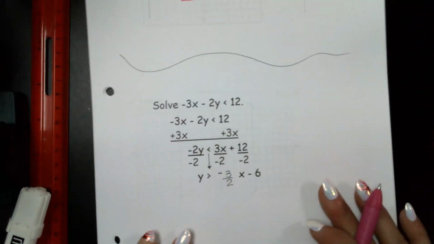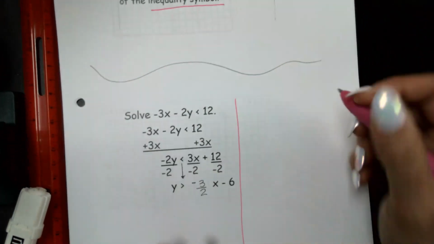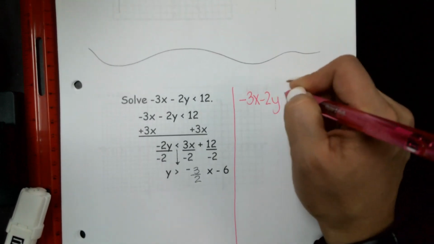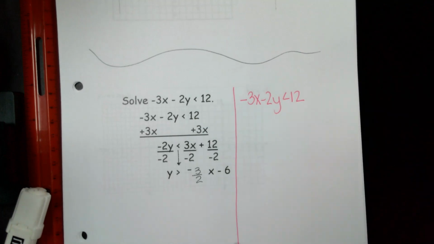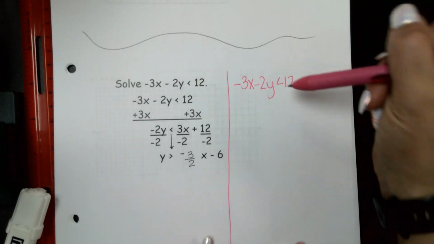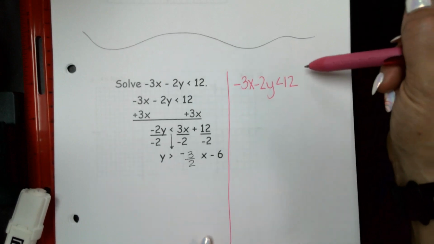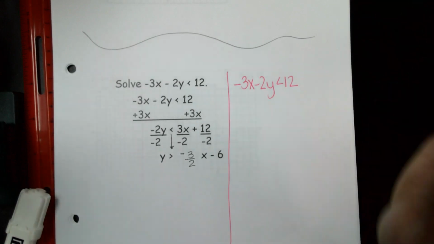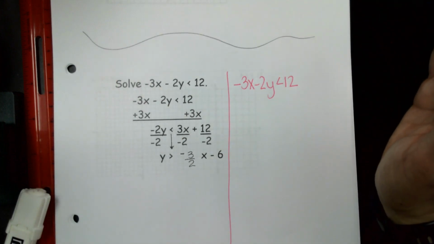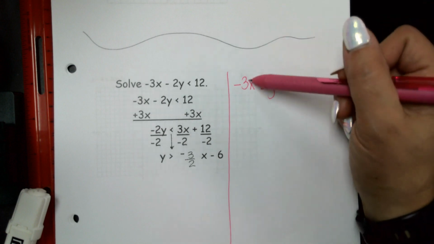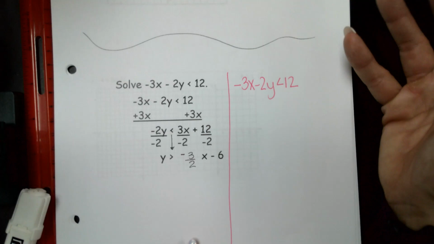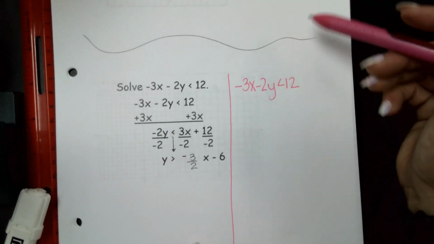Okay, so they walk you through this process. I'm going to show it over here just because I like to see it step by step. Okay, so write this out for me. When it is in standard form, and we have to put it in slope-intercept form, what is always my very first step? Move the x term. We're used to seeing this x term being positive, so you guys are always like, oh, subtract it. Well, now it's negative, so how do I move it?